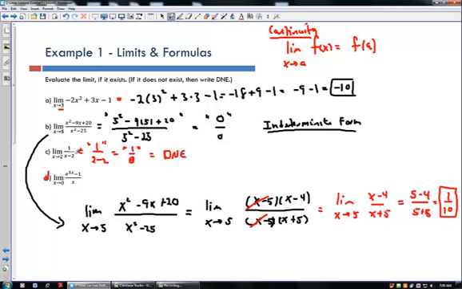And if you think about the graph of this, you'll see that at 2 you're going to have a vertical asymptote. If you graph it, from the right-hand side you're going to go off towards infinity, whereas from the left-hand side you're going to go off towards negative infinity. And so obviously the limit cannot exist there. So we write that the limit does not exist.